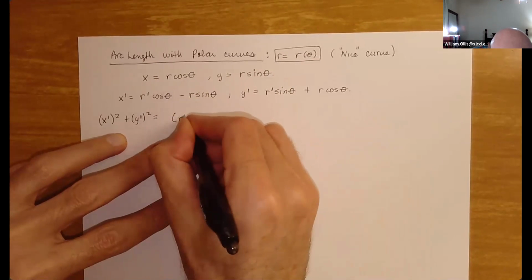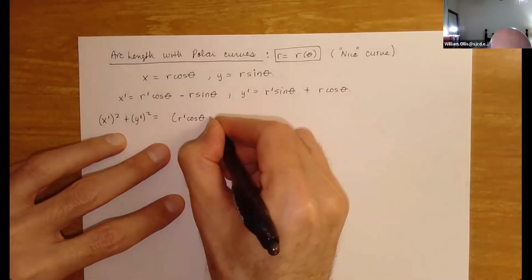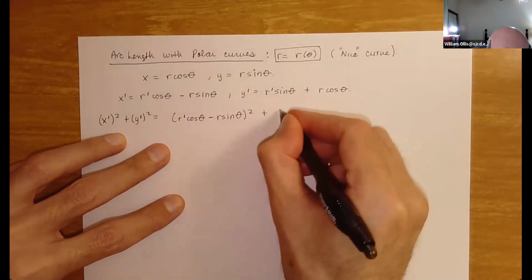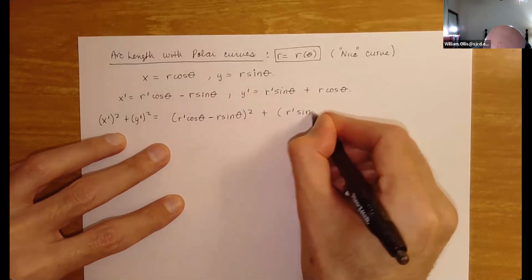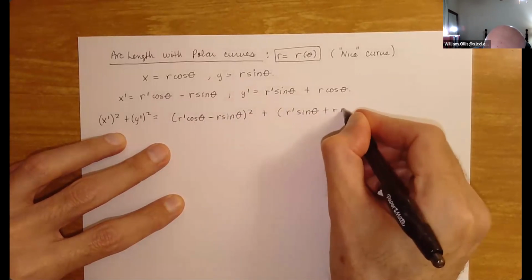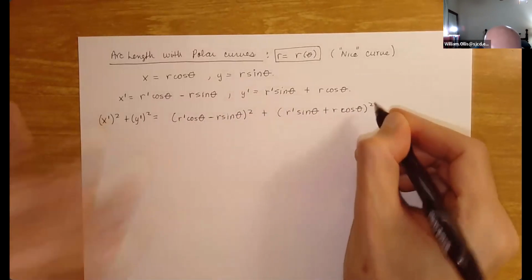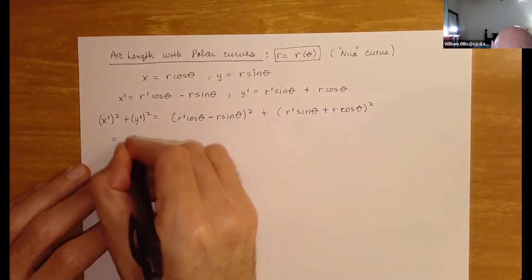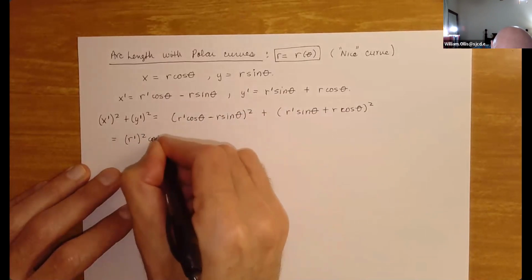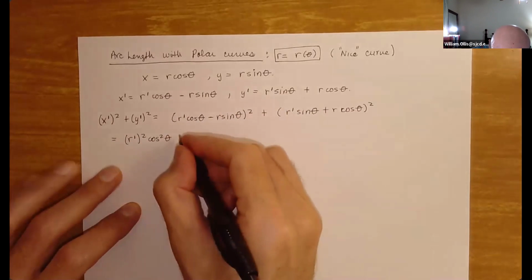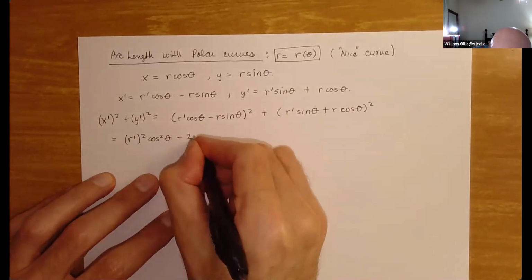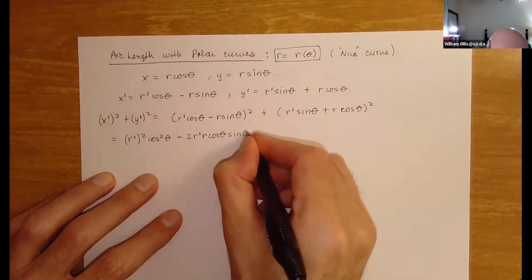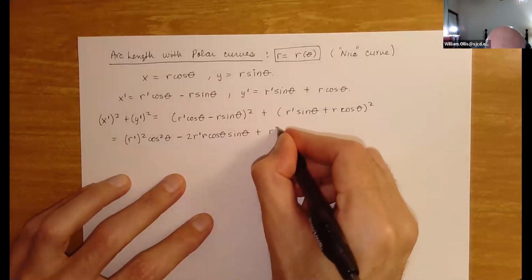So this will be (r prime cosine theta minus r sine theta) quantity squared, plus (r prime sine theta plus r cosine theta) quantity squared. So we can expand these. This is not hard. This is r prime squared cosine squared, like we're doing spherical coordinates, minus 2 r prime r cosine theta sine theta, plus r squared sine squared.